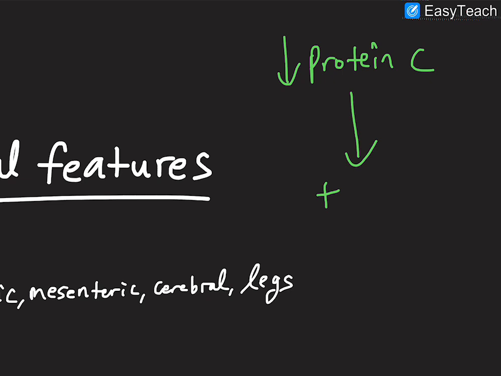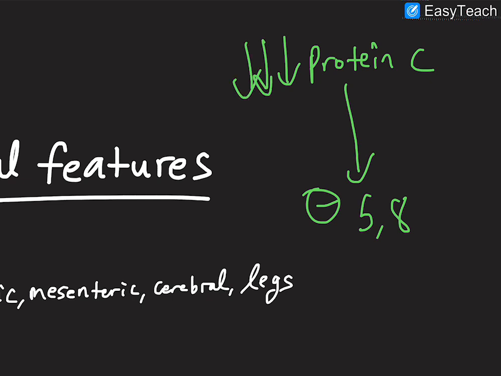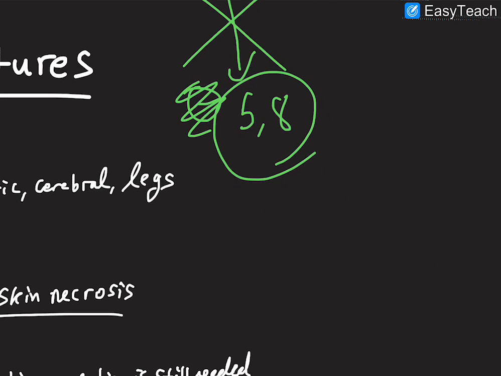It inhibits factors 5 and 8. But if you're deficient in protein C, as you see in protein C deficiency, you can no longer inhibit factors 5 and 8, okay? So then you increase the risk of thrombosis because factors 5 and 8 are clotting factors, okay?